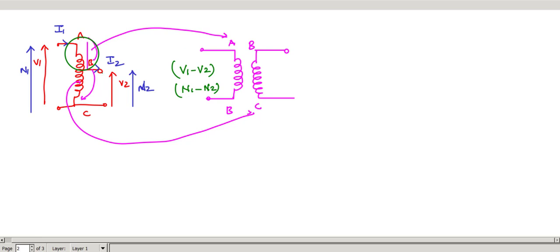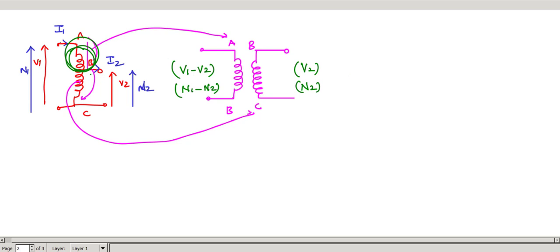Winding BC has a voltage of V2 and turns of N2. Winding AB's voltage is the total voltage V1 minus V2, and with total turns N1, removing N2, I get the turns of AB. Similarly I have voltage V2 and N2.